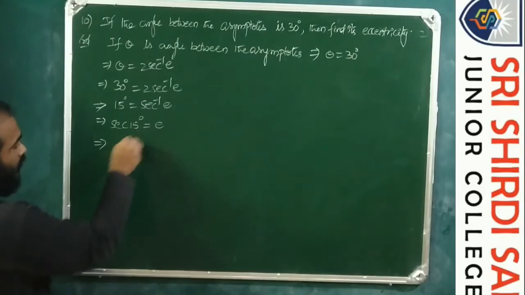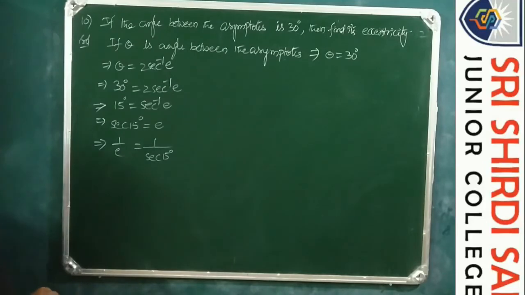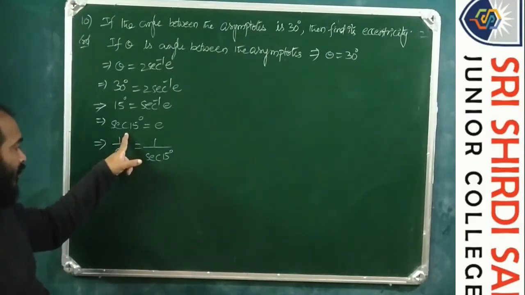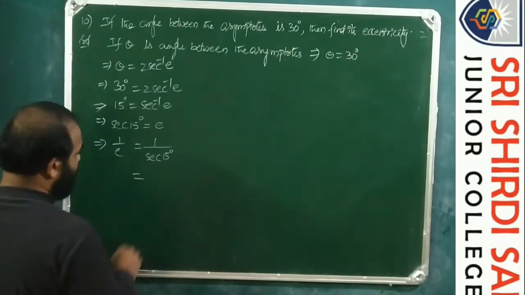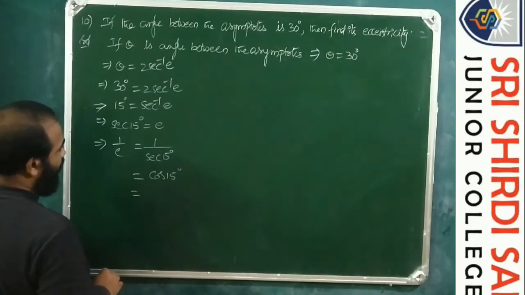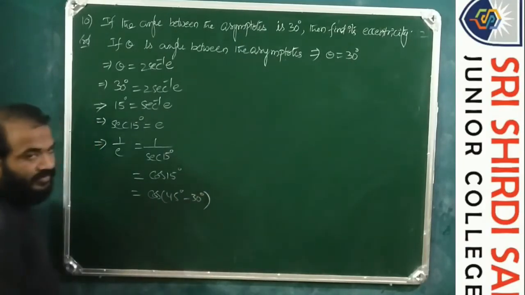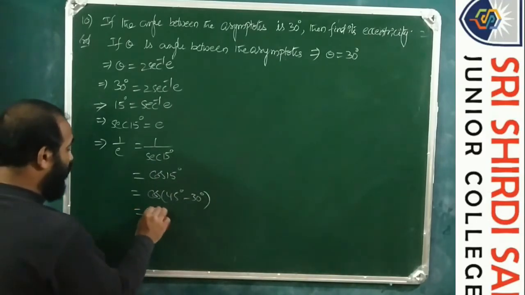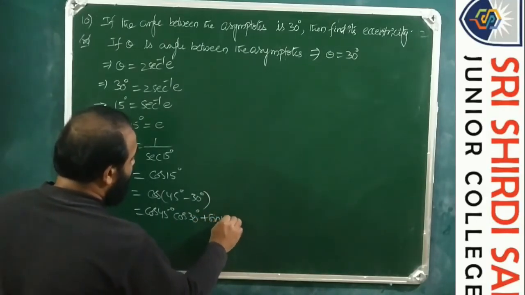So 1/e = 1/sec 15°, so this is equal to cos 15°. So cos 15° we can write as cos(45° - 30°). So cos(A - B) is cos A cos B + sin A sin B. So cos 45° cos 30° + sin 45° sin 30°.